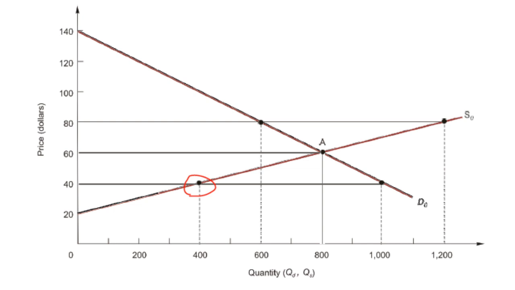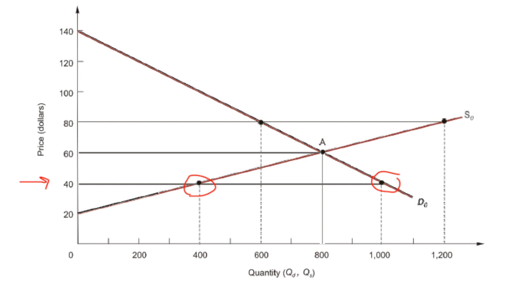At this price, at this low price, consumers demand, excess demand. What happens is there's some consumers who really want that product more than others, so they're willing to offer a higher price.